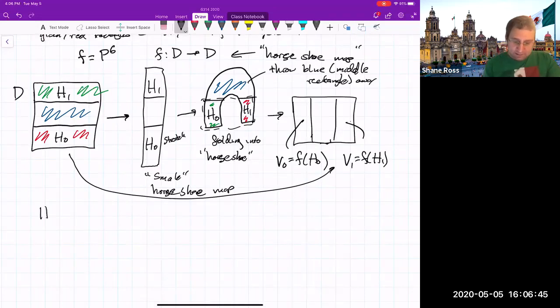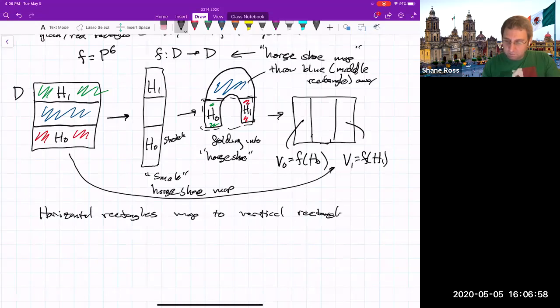The key thing is that horizontal rectangles map to vertical rectangles. And this labeling of H0 and H1 will become important. So now what if we do a second iterate of the map?